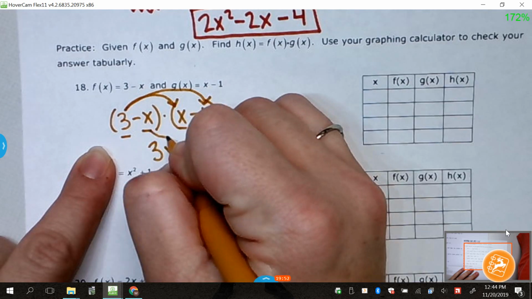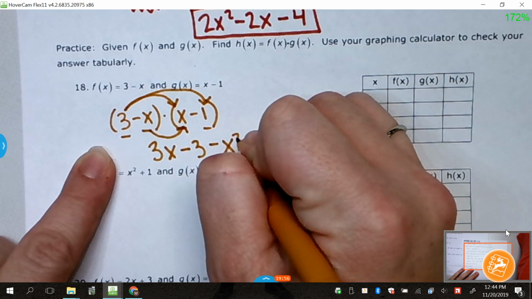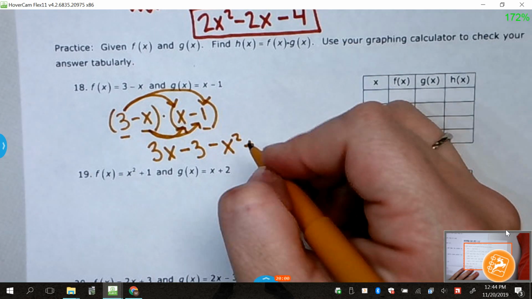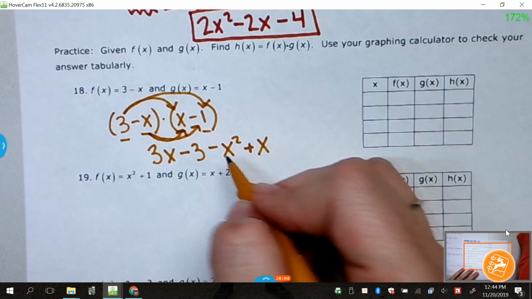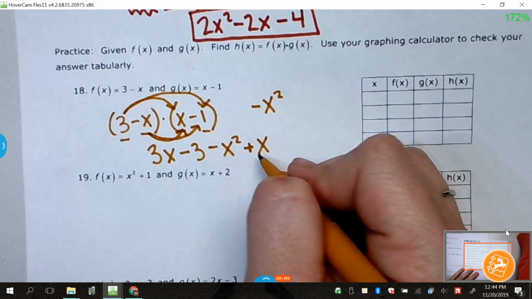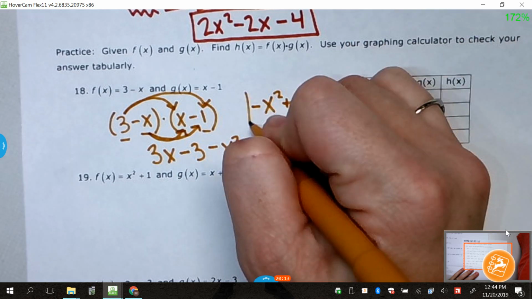Okay, negative x times x is negative x squared. Negative x times negative 1 is positive x. Okay, so my like terms, I have a negative x squared. I have 3x plus x, which is 4x, and I have minus 3.